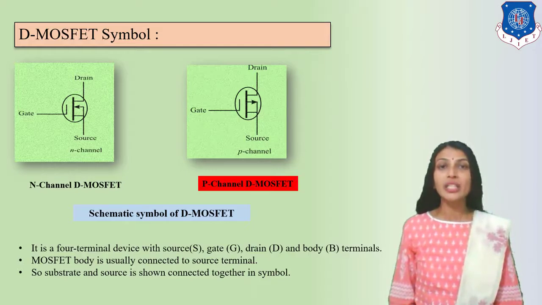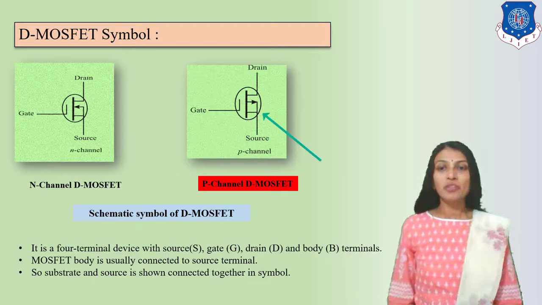It is also known as the body terminal. So we have the main four terminals of the MOSFET: source, gate, drain and body. The MOSFET body is usually connected to the source terminal. It is also known as substrate source. So substrate and source are shown connected together in the symbol.